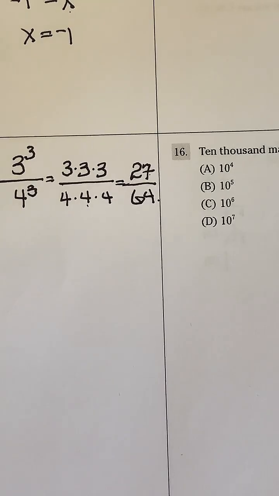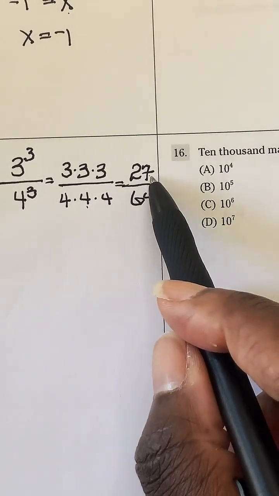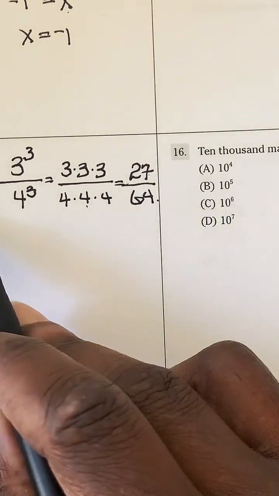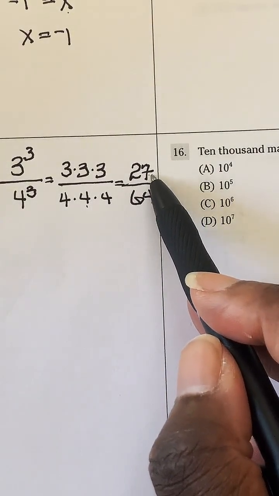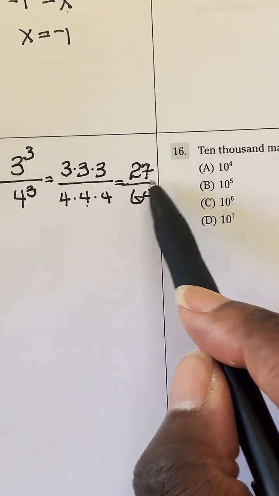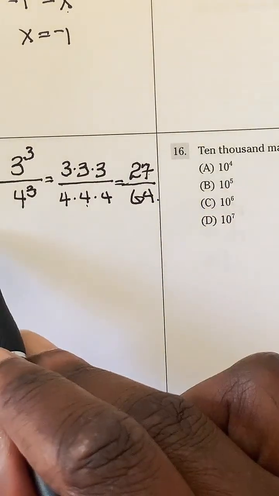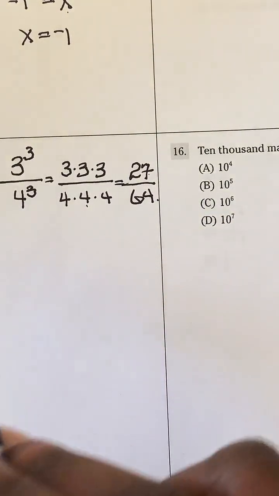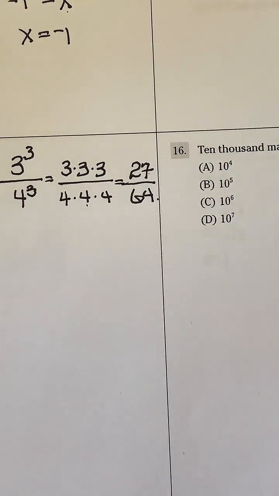Because if I tried to divide 27, in order for it to be 1 over 16, I have to have a number that can be reduced. If it's going to be 1, that means it has to be 27. If I tried to divide 64 by 27, it's not going to give me 16. So that's why it can't be reduced any further.